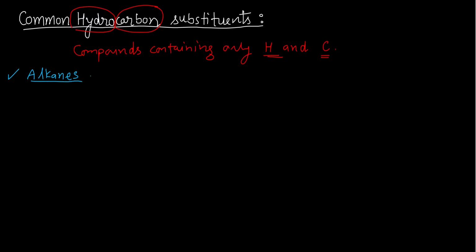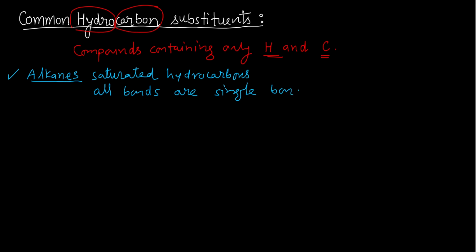Alkanes are also called saturated hydrocarbons, and they are called saturated because they are less reactive, and less reactive because all the bonds present here are single bonds. All bonds in alkanes are single bonds, and these are less reactive. These are also called saturated hydrocarbons.